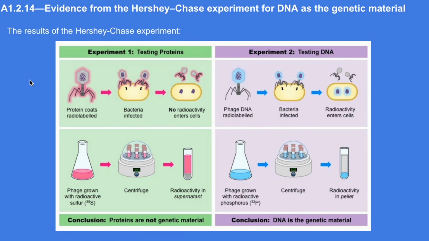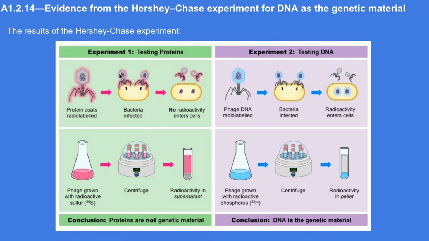Okay, so in the first experiment, where they labeled the protein coat by labeling the radioactive sulfur, they allowed the virus to infect the bacteria, and they knew that the genetic material is going to get injected into that bacteria. And so the question is, is the protein or the DNA going to get injected into the bacteria?